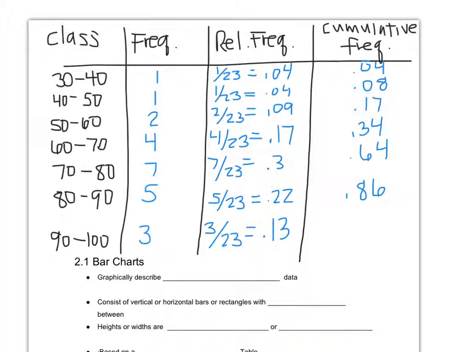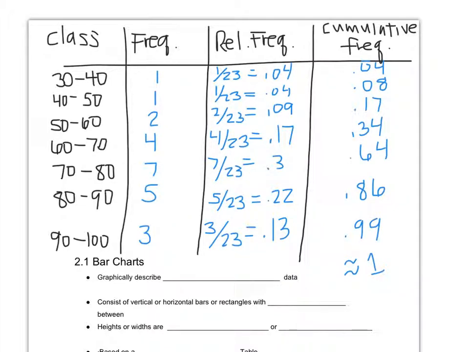And we add 0.13, and we get 0.99. So now the cumulative frequency on that last row should be 100% or 1. But because we did rounding, we lost enough so that we didn't get all the way up to 1. So this should definitely be approximately 1. 0.99 is definitely close enough.